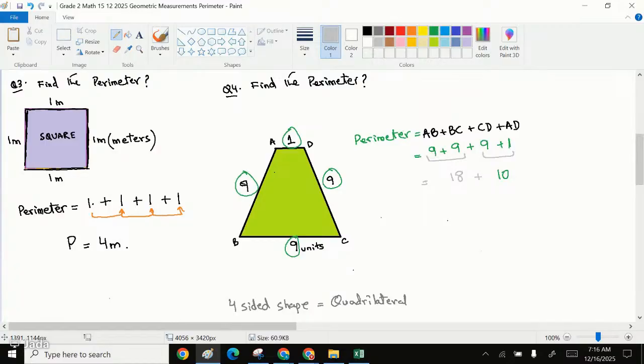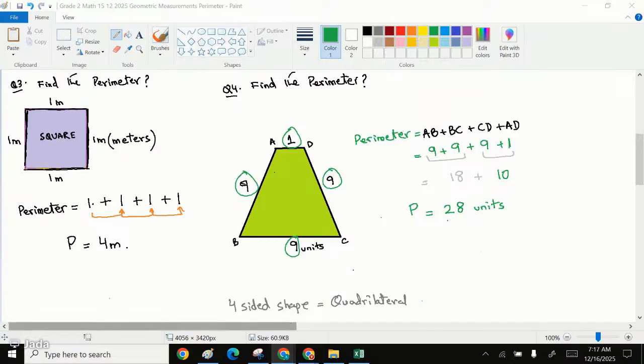So when we add 18 and 10, the final answer for the perimeter comes out to be 28. But since the unit is not given to us, we write units. Agreed? 28 units is the answer for the perimeter.